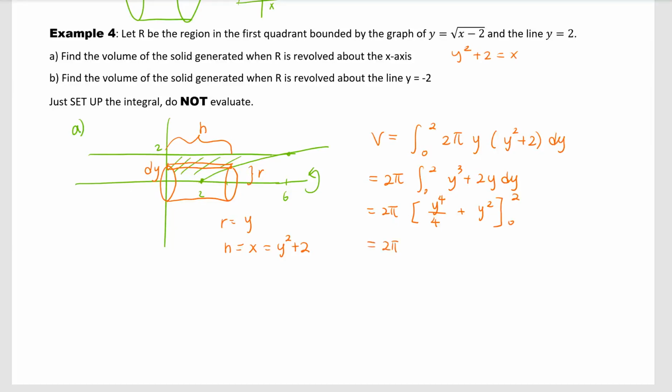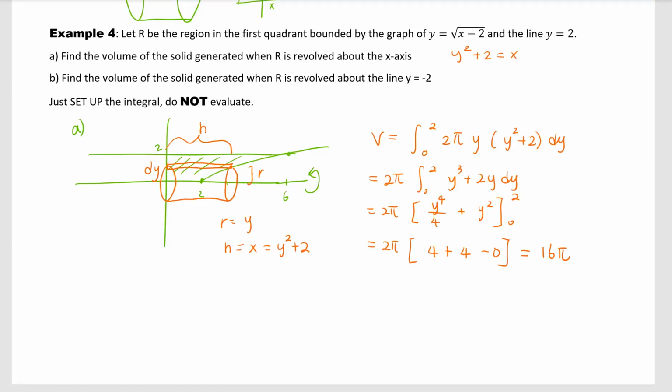We plug in 2 first. 2 to the 4th is 16, 16 divided by 4 is 4. 2 squared is 4. And then minus 0. I get 8 times 2, the answer is 16 pi. That is part A. So far, so good, everybody.